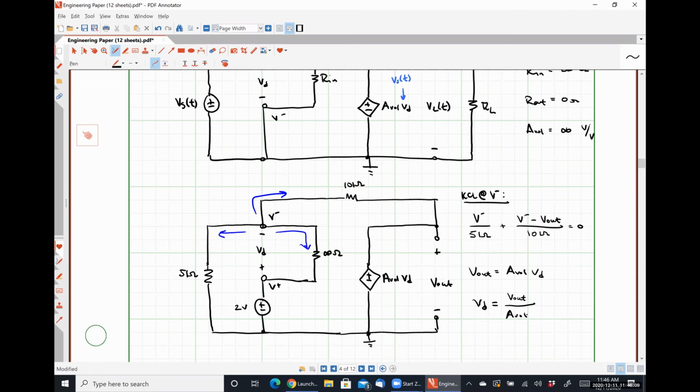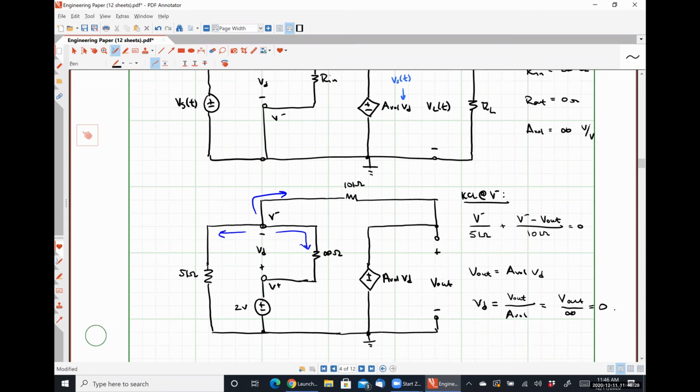Well, in an ideal op amp, AVOL is infinity, so we have our output voltage divided by infinity, which means VD must be 0.